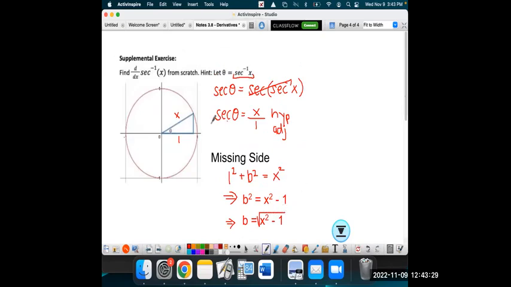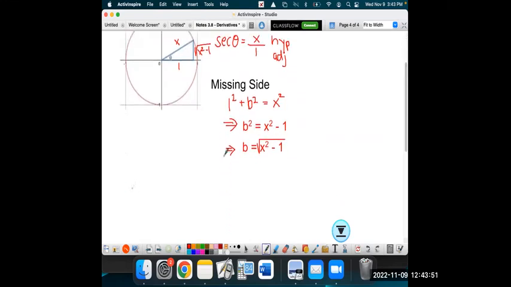Okay, so I will put that in there. It looks similar to what we did in example 3, except that was backwards. I think the missing side there was square root of 1 minus x squared because we had different information that was provided. So let's go ahead and start figuring out what the derivative would be.